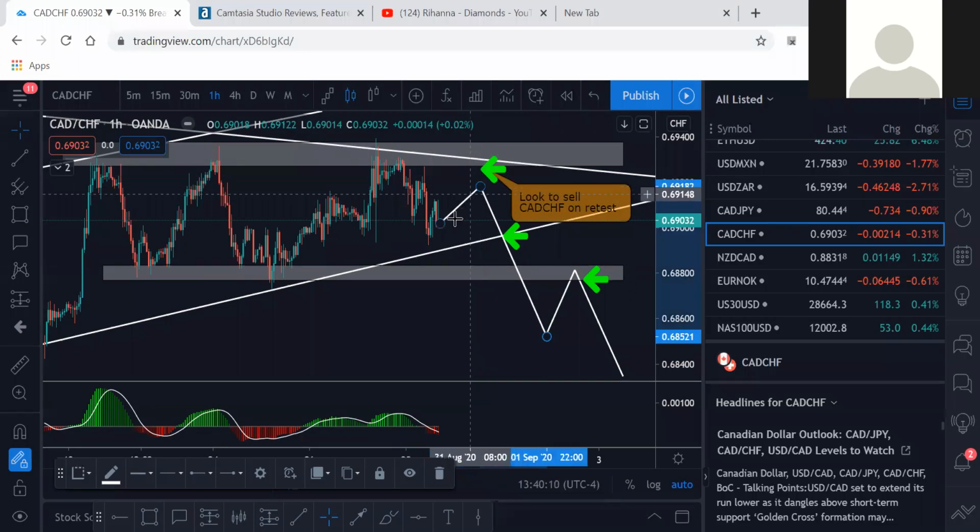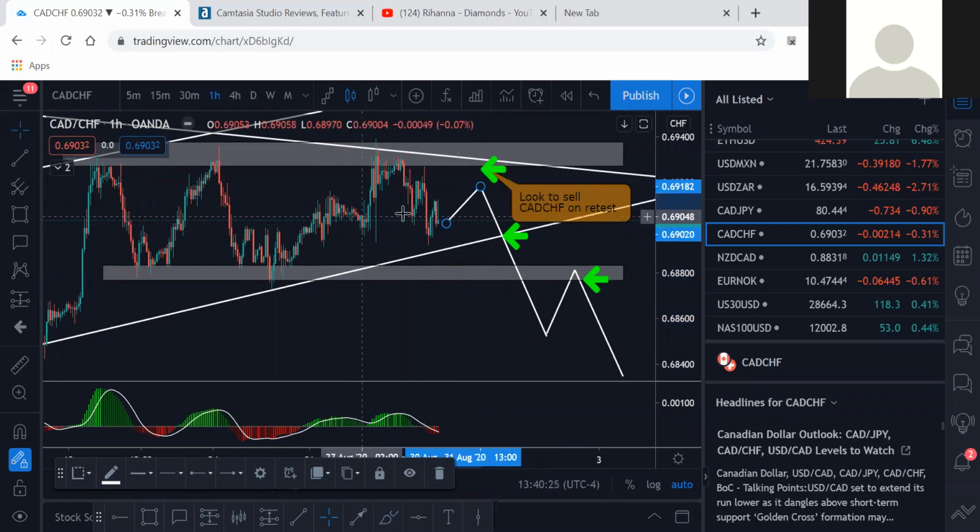Why? If you look at CAD-CHF right now, I want you guys to zone into here. What type of pattern is forming, guys? An M? Nope.